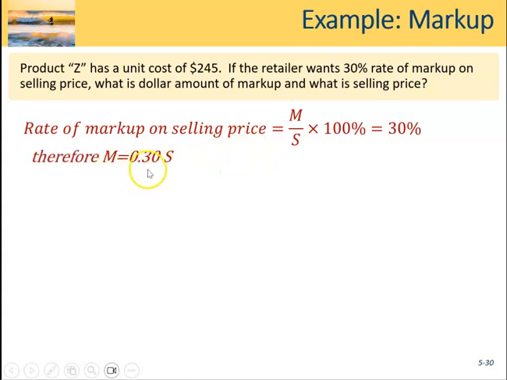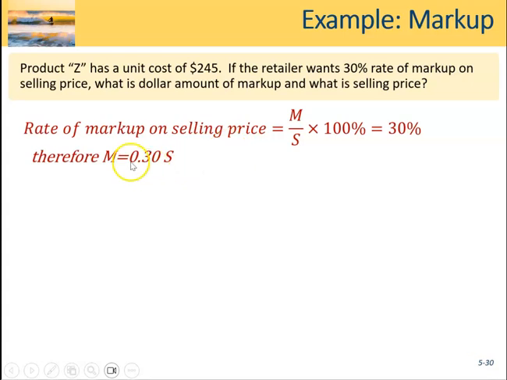Therefore, M is 30% of S. So we're taking this equation here, changing it to 0.3, and then we've got M divided by S equals 0.3. We want to manipulate the equation. How do we move the S over to the other side? Well, we multiply both sides of the equation by S, right? Remember back to our review of algebra.